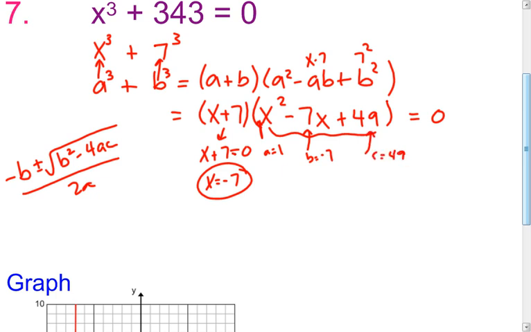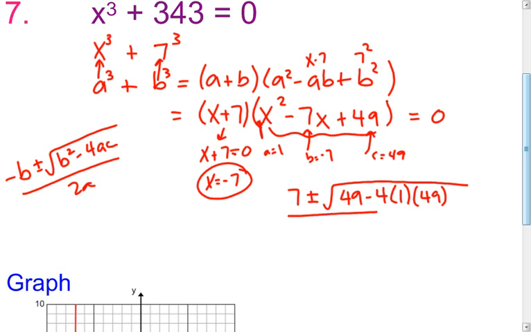Okay, so I'm going to plug those quantities into the quadratic formula. So here we go. The opposite of b would be 7, plus or minus the square root of b squared. So negative 7 is b. Negative 7 squared is 49, minus 4 times a is 1, times c is 49, all over 2a, in this case 2 times 1, which is 2.